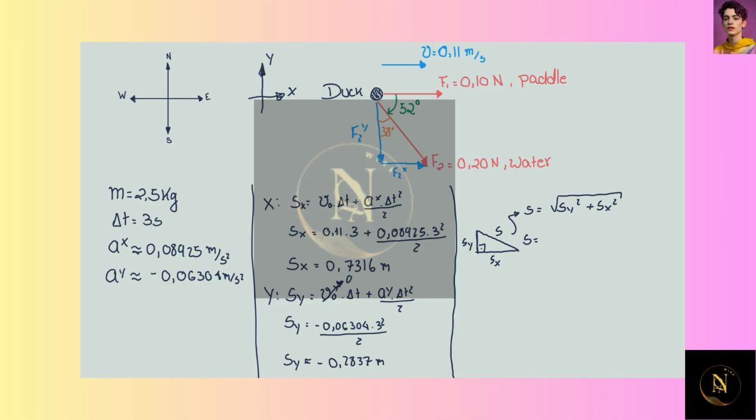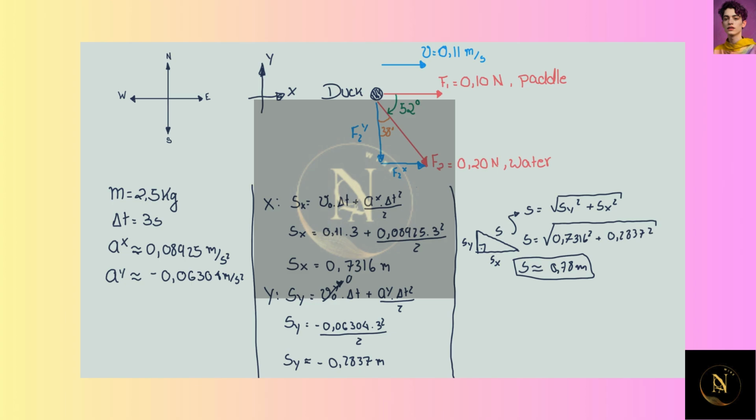And this gives the square root of 0.7316 squared plus 0.2837 squared. The minus sign squared is just a plus sign. And this results in a net displacement of approximately 0.78 meters.